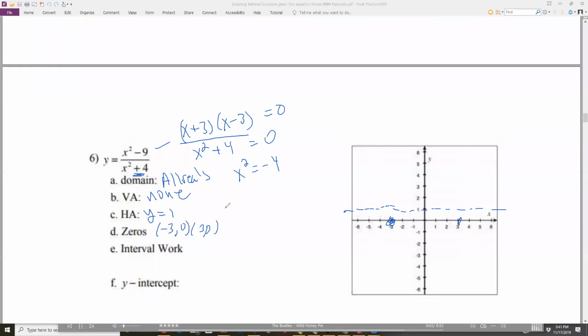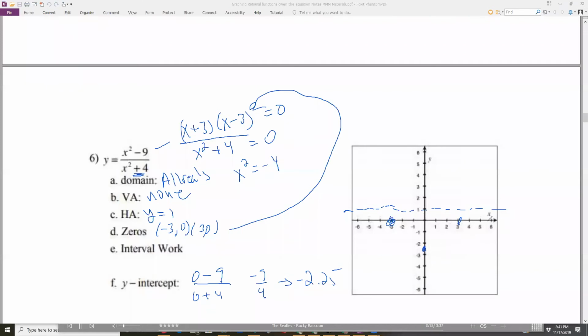You do see that I got those out of the numerator, right? Okay, what's the y-intercept? If x equals 0, that's going to be -9 over 4, which is -2 1/4, right? So it's going to cross about here.